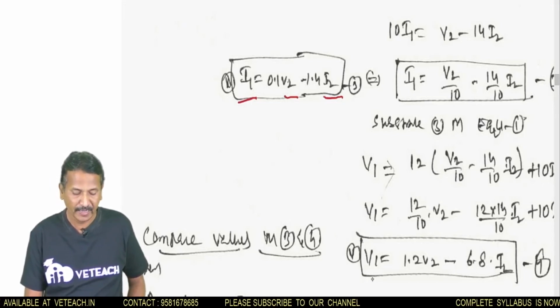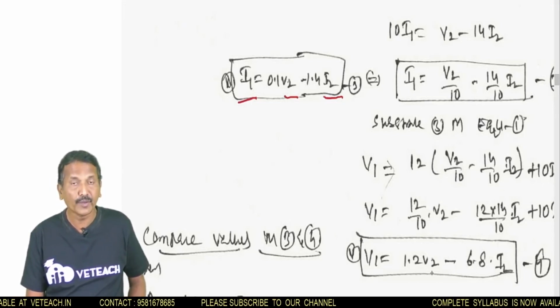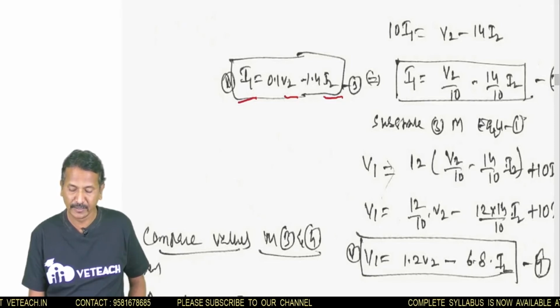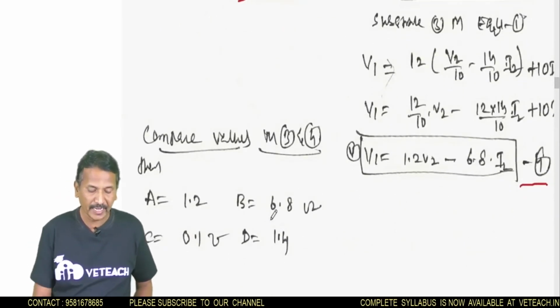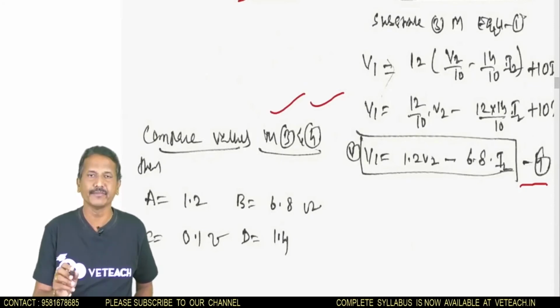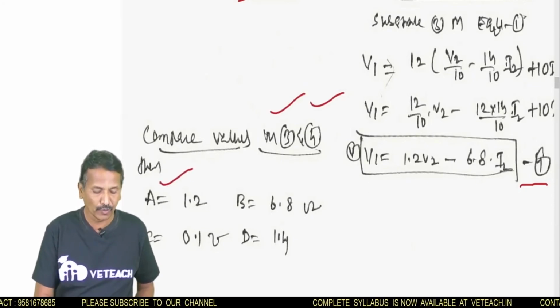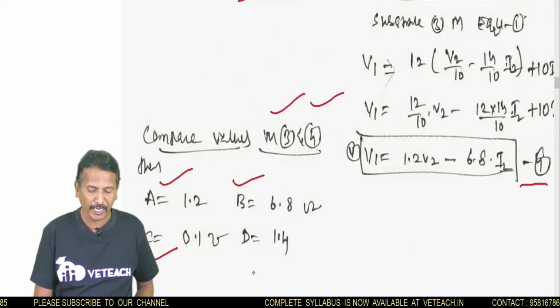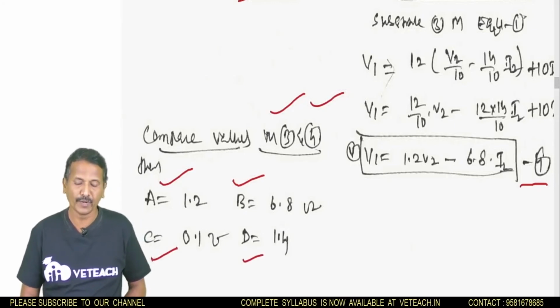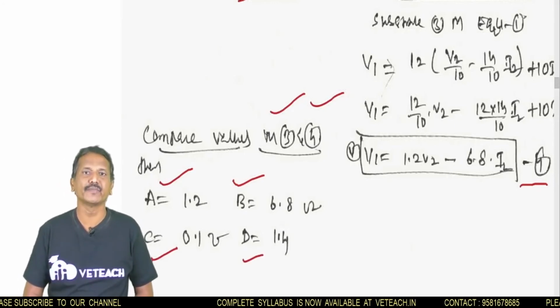If you simplify, we get V1 is equal to 1.2 V2 minus 6.8 I2. This is equation number 4. Now comparing equations 3 and 4, A is equal to 1.2, B is equal to 6.8, C is equal to 0.1 and D is equal to 1.4.